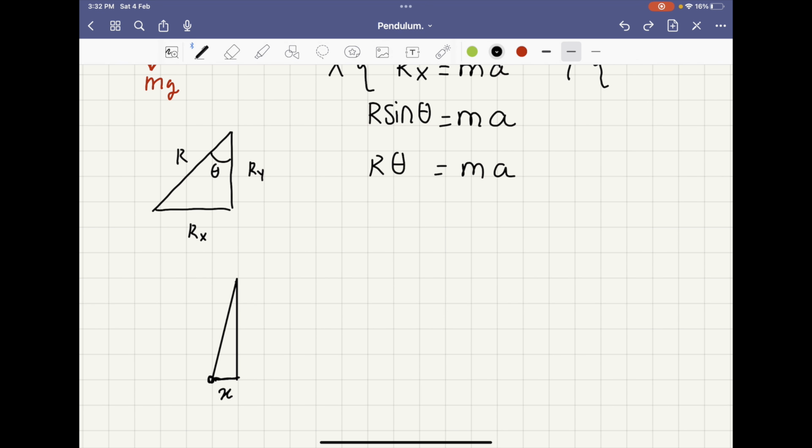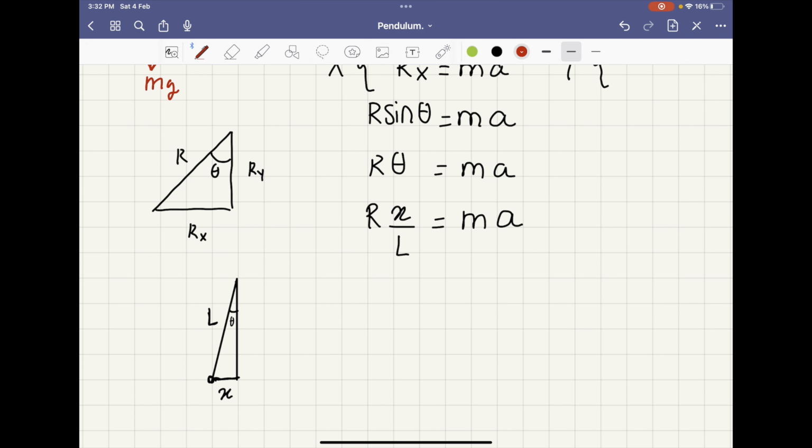And this big L is the length of the pendulum, and that's the angle theta. So in order to find theta, we can divide x over L. So R x divided by L is equal to ma.